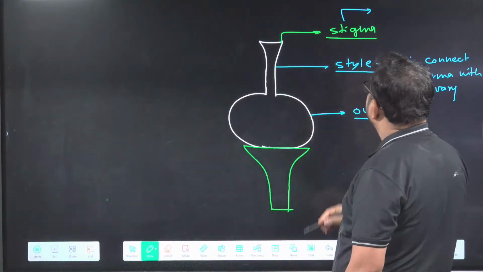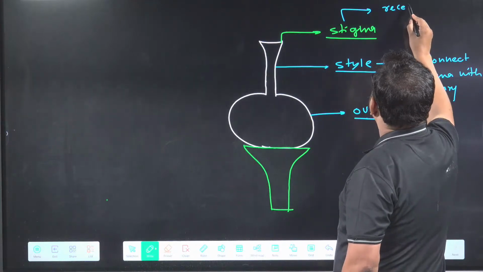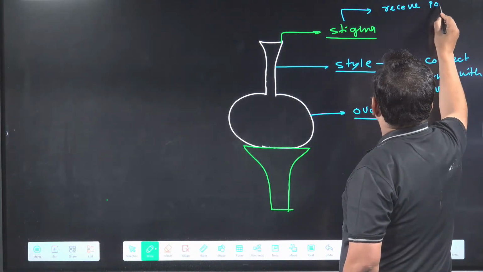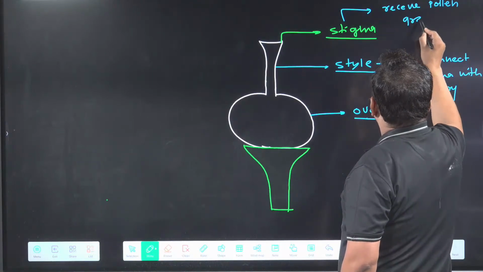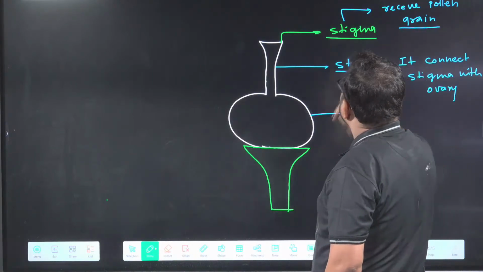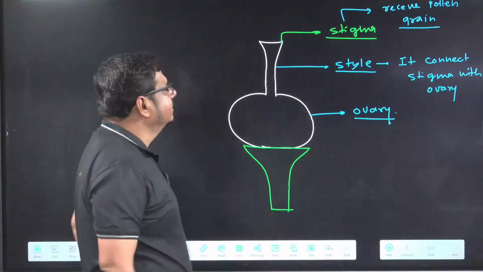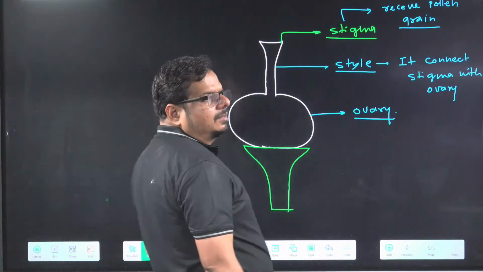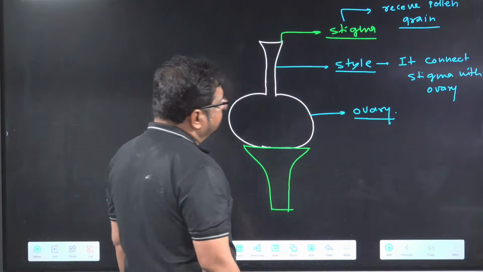It is a flattened structure. It receives pollen grain. Pollen grain lands on the stigma, and the more flattened it is, the more surface area it has. More flat stigma means more surface area. Getting the things or not?